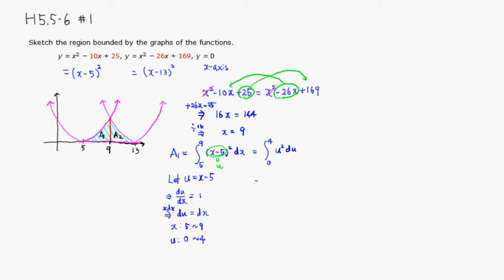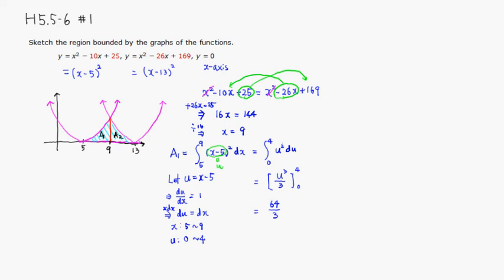Then find the antiderivative, which is just the power rule: u cubed over 3, from 0 to 4. So we have 4 cubed: 4 times 4 is 16, 16 times 4 is 64, divided by 3, then minus plugging in 0.